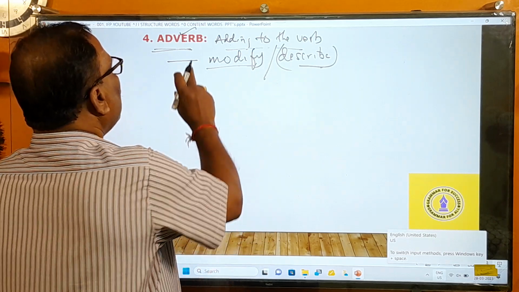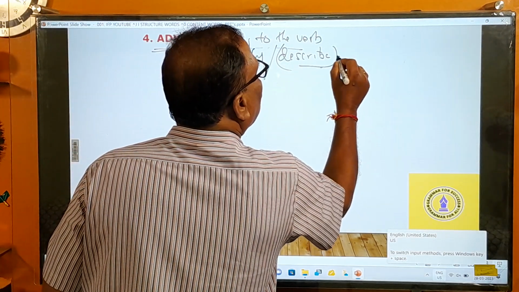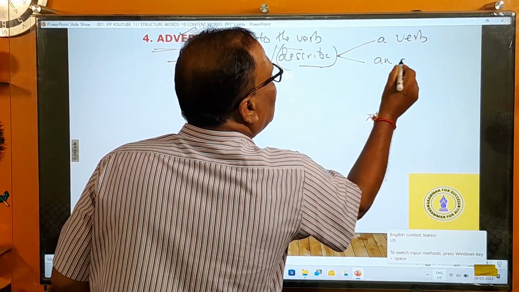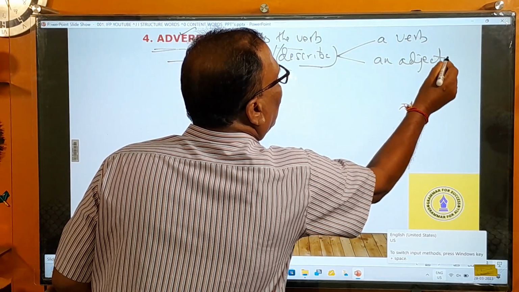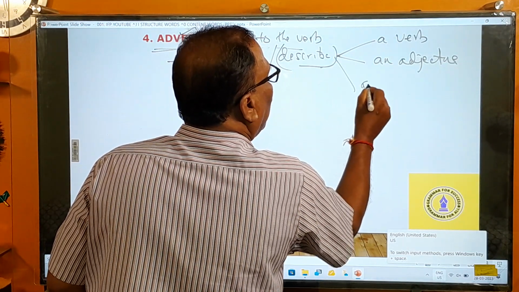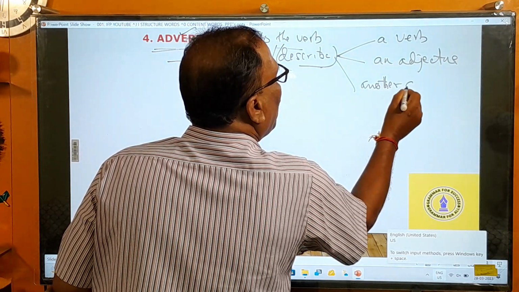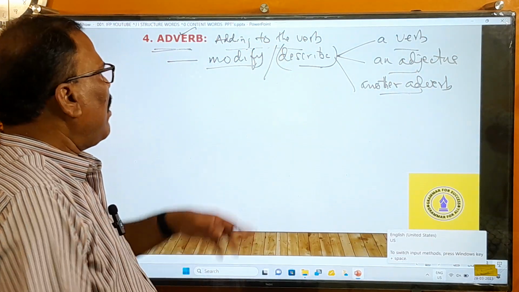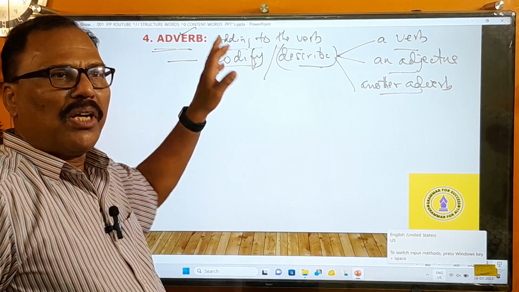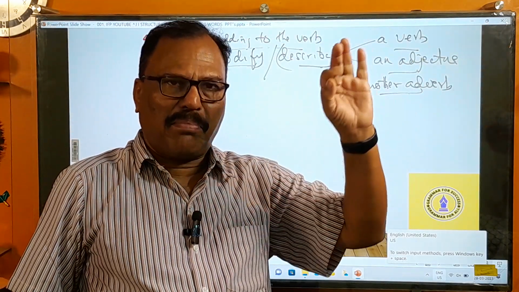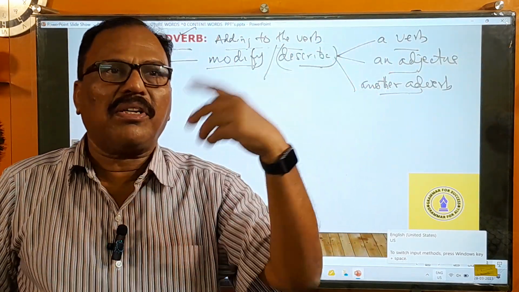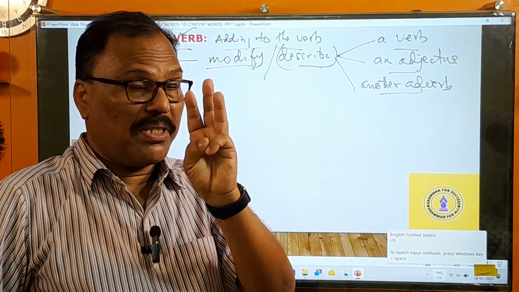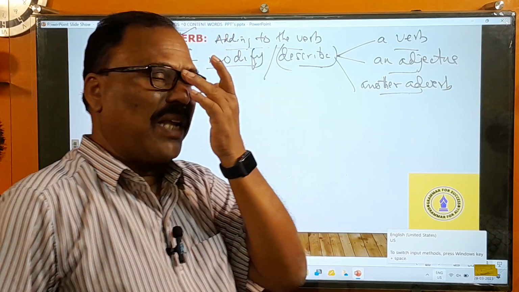So this adverb modifies or describes a verb, an adjective, and another adverb. So it does three jobs. It describes a verb, one point. It describes an adjective. It describes another adverb. That's a great word in the English language.